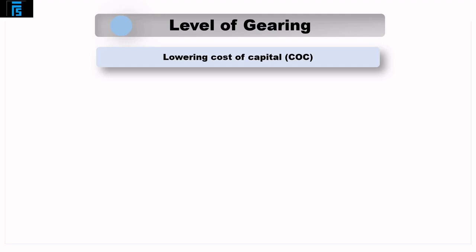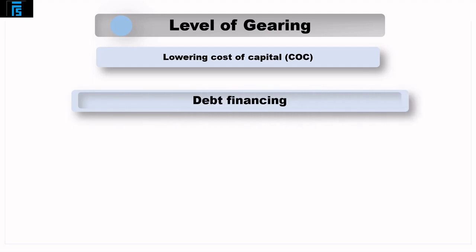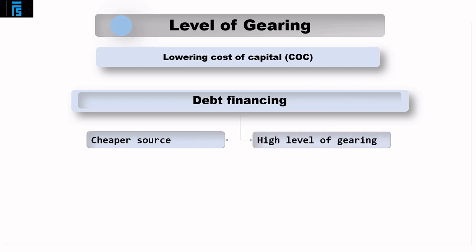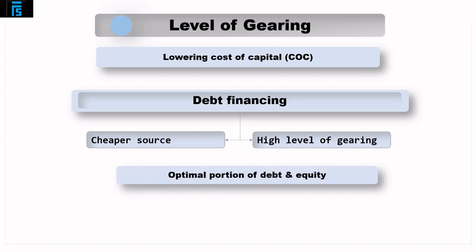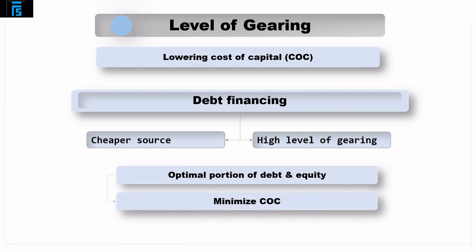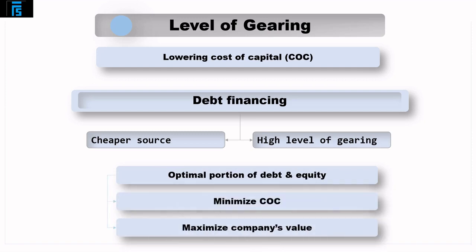You should appreciate that the choice of a specific capital structure in a company is tied to the inherent trade-off between the advantages of debt, which is usually the cheaper form of financing, and the risks associated with a high level of gearing. From this perspective, finding the optimal proportions of debt and equity to be employed allows the company to minimize its overall cost of capital and thus maximize company value.